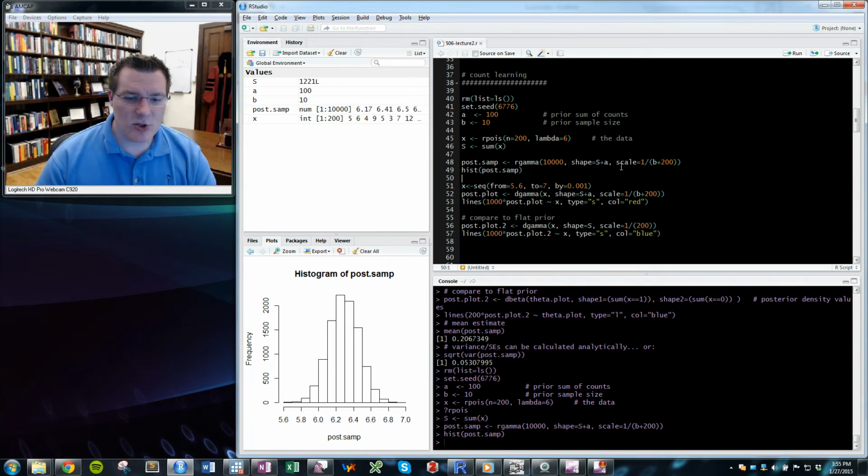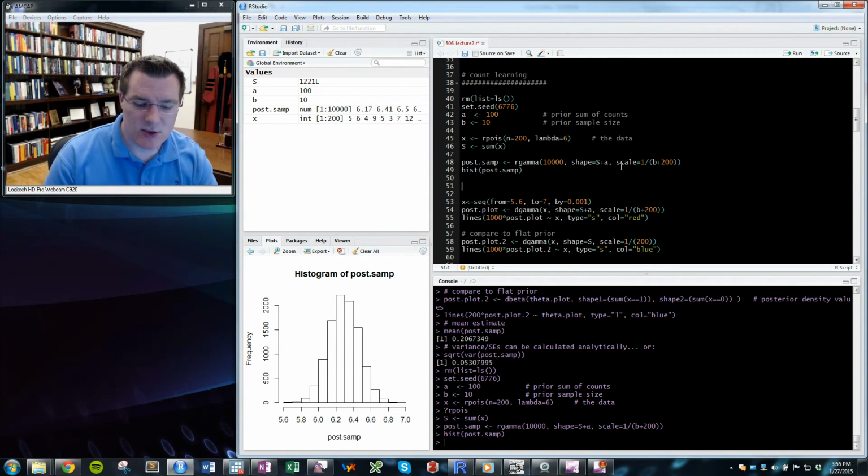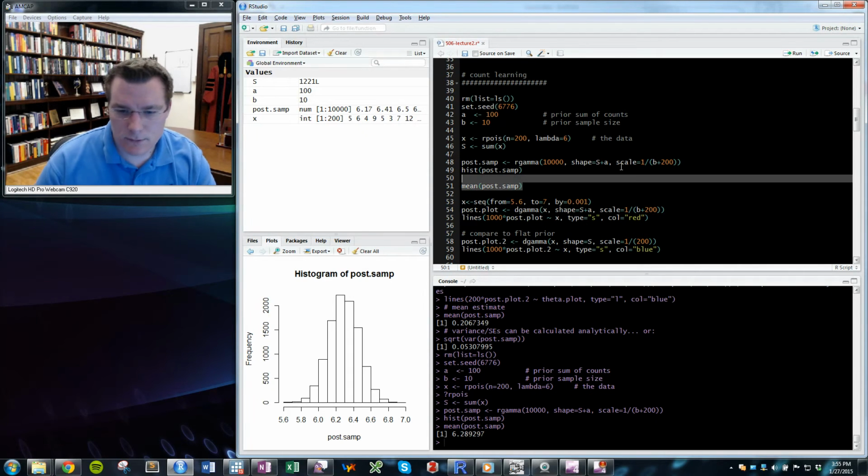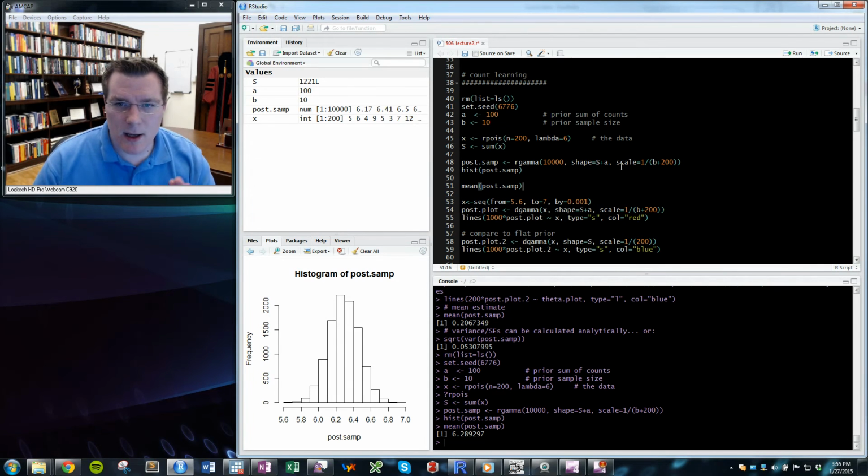I get a distribution for my belief about lambda, the mean, that's between 6.2 and 6.4. And once again, if I'd like to, I can just calculate that mean. It's about 6.3. So a little higher than the data would suggest, which is again consistent with the fact that our prior was indicating a much higher lambda, a much higher mean number of events per observation.